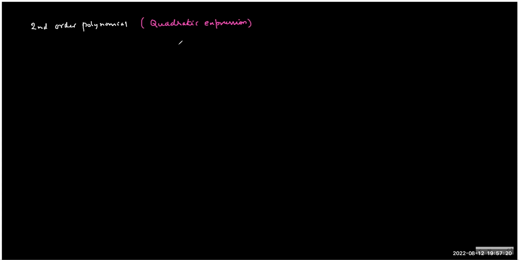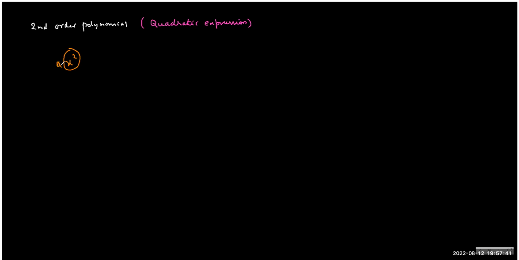So this is called quadratic expression. And the rule is the highest power should be 2. You can multiply with any number, except which number? I want this power to be part of my expression.